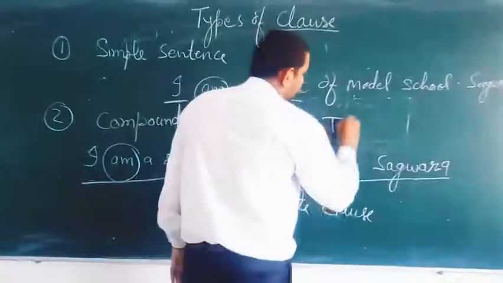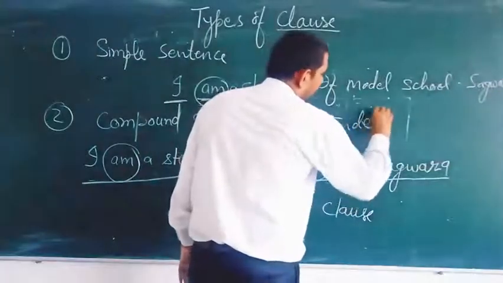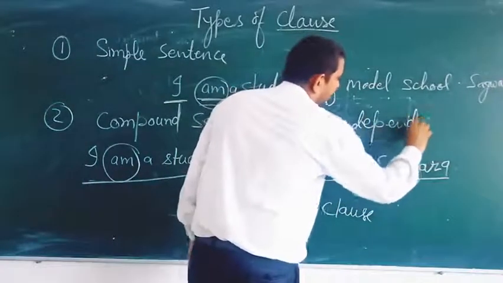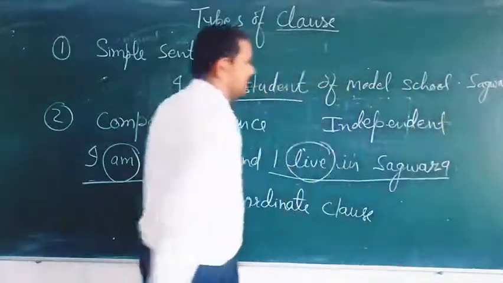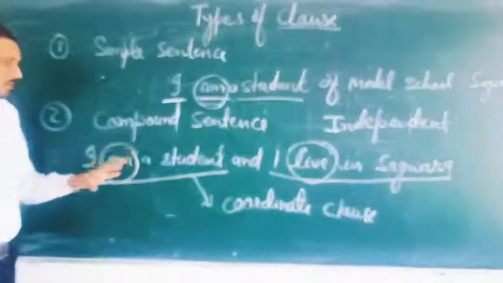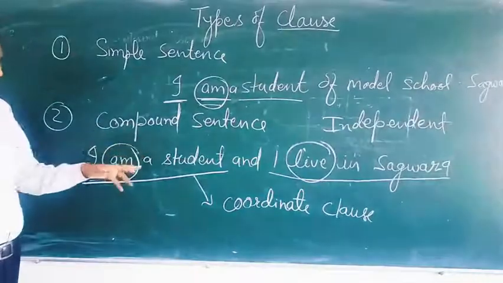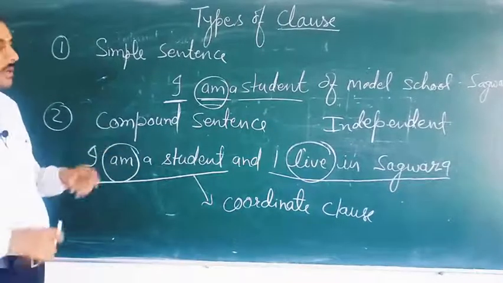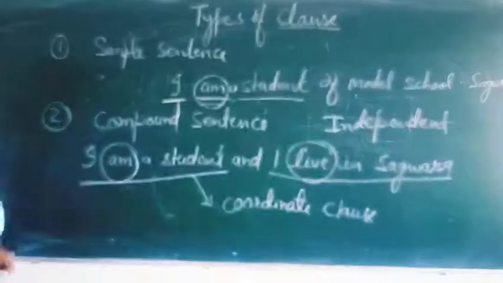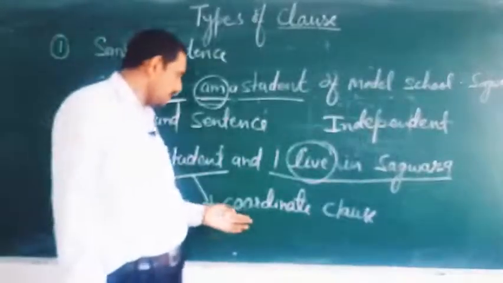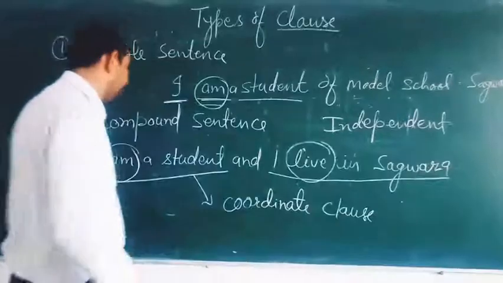They have their own existence. So this is a compound sentence, where both sentences are independent clauses, and in another term, you can say coordinate clauses.